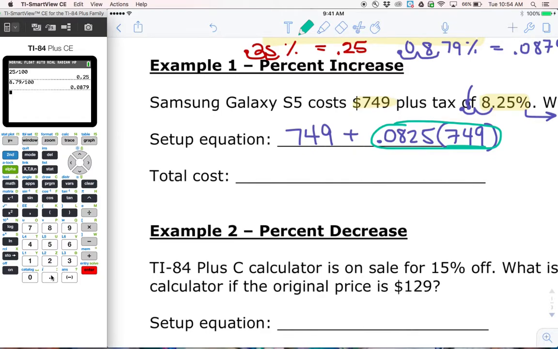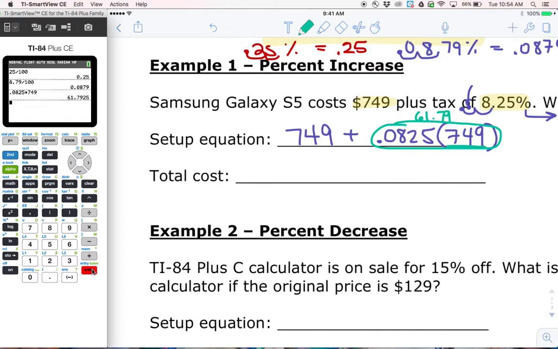Go ahead and check your calculator. 0.0825 times 749, and we get 61.79. Even though we multiplied by a large number, our answer is still reasonable. It's less than 10% of 749.